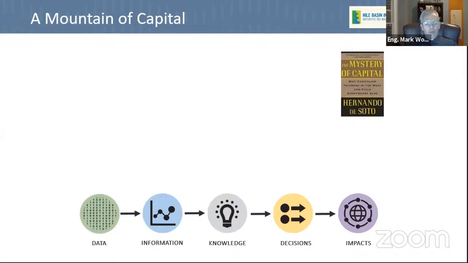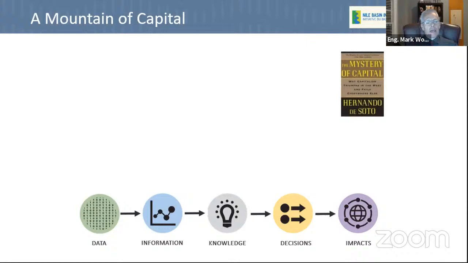And I wholly endorse Russell's presentation earlier today, and he and I have collaborated on these things, but just reminding us that we really want to move from data and information to really positive socioeconomic impacts.